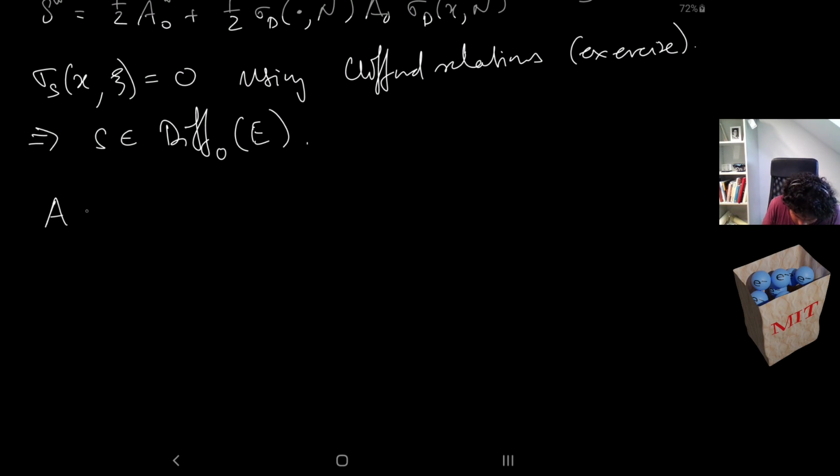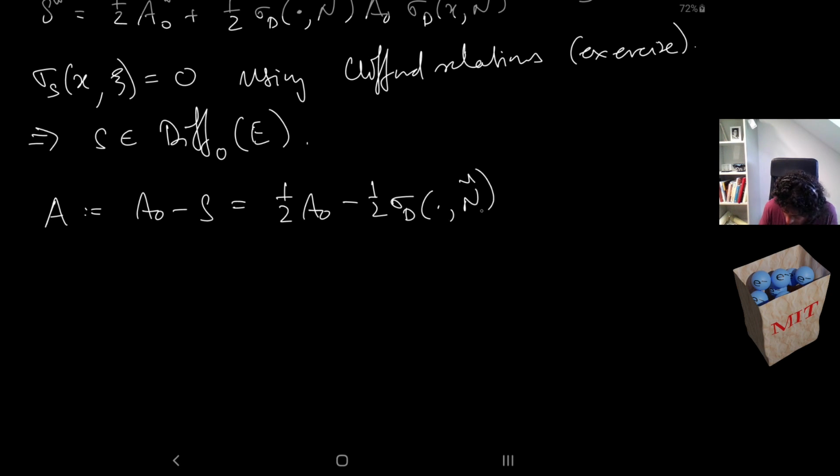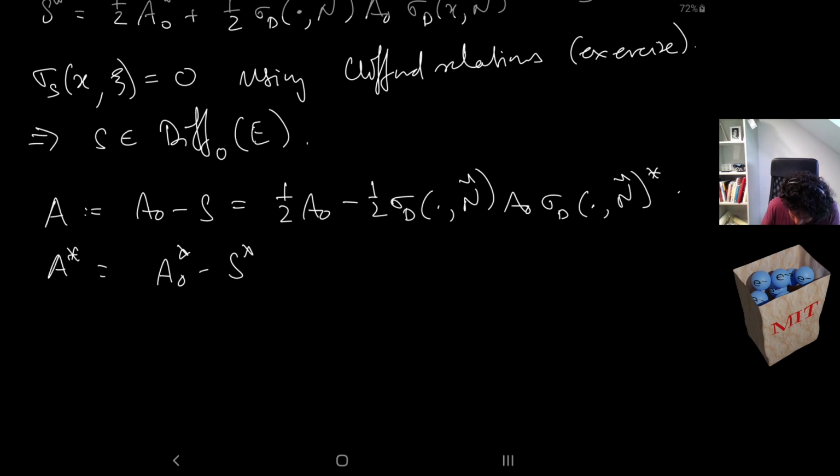Then set A equal to A_0 minus S, which is half A_0 minus half D_N A_0 D_N star. And if we compute A star, this is A_0 star minus S star, which is clearly just A_0 minus S, which is again equal to A.